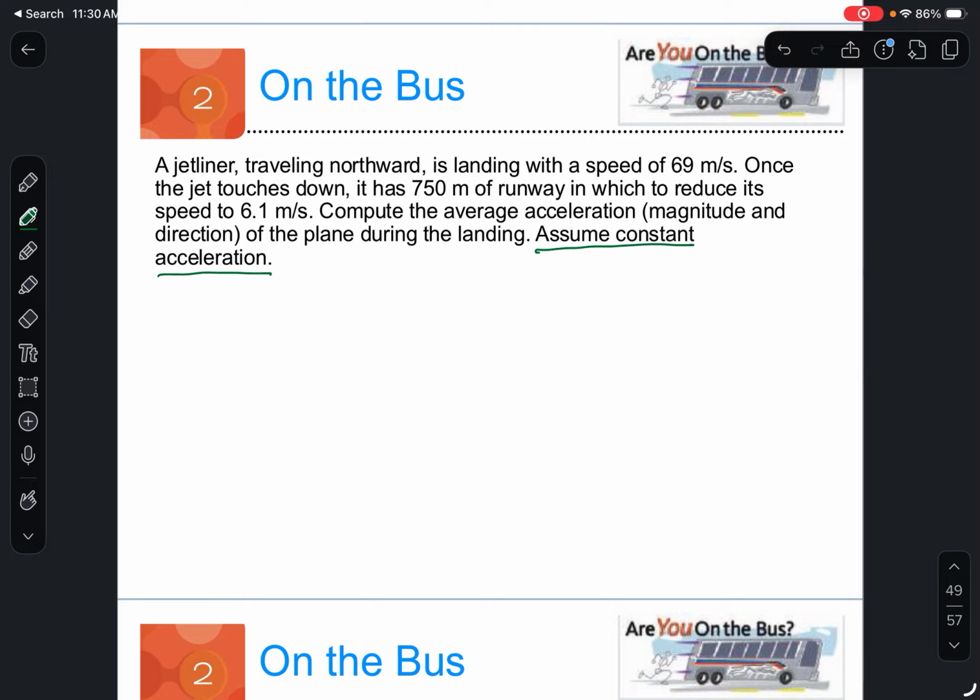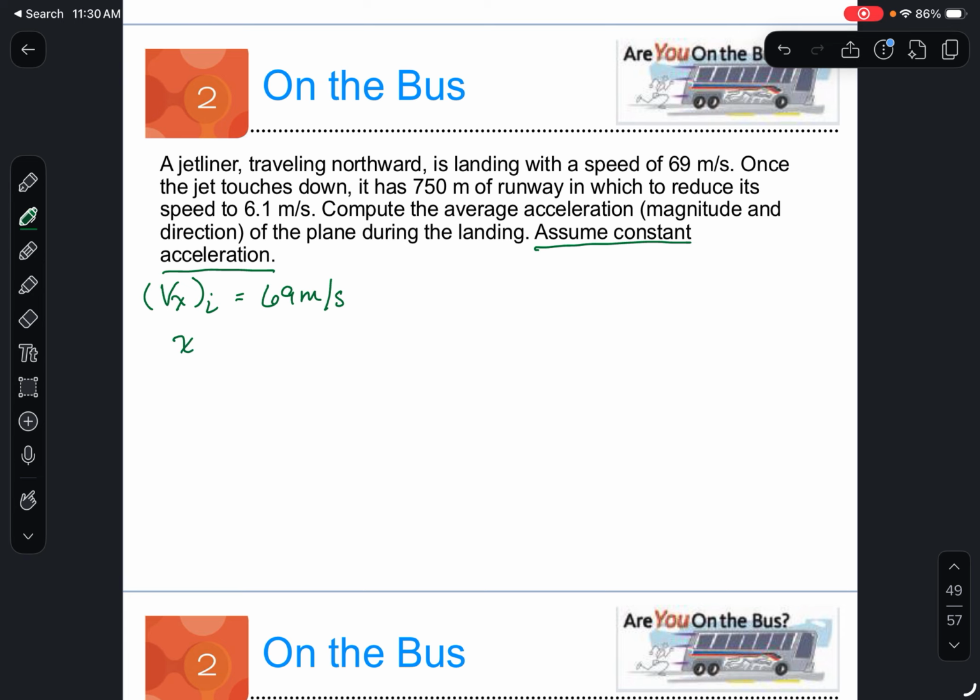So let's make our list of what we're given. So we know our initial velocity in the x direction is 69 meters per second. We know our position is 750 meters. We know our final velocity in the x direction is 6.1 meters per second.